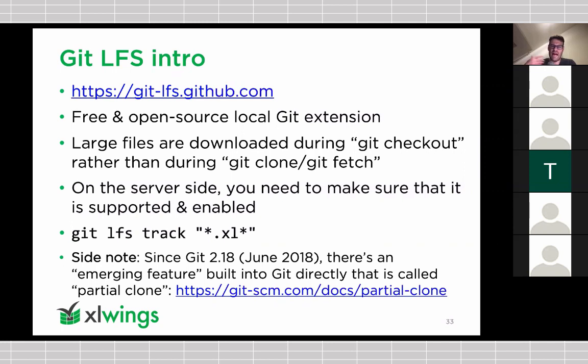So what happens is that if you use Git LFS, then it will not download the big Excel files, not all of them, but it will only download the one that you are looking at. So it will substantially bring down the size of your initial clone, and will help you to make things a lot smoother if you have big Excel workbooks.